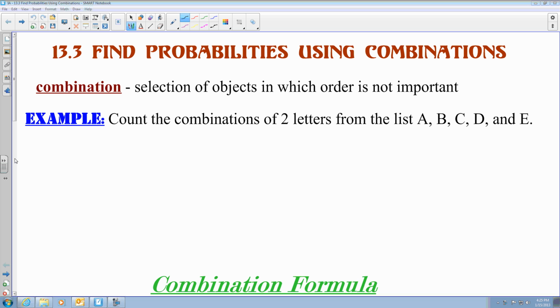Now, permutations was selecting arrangements where order was important. Today, in combinations, you're selecting objects in which order is not important. So, like we had the word cat in previous examples.